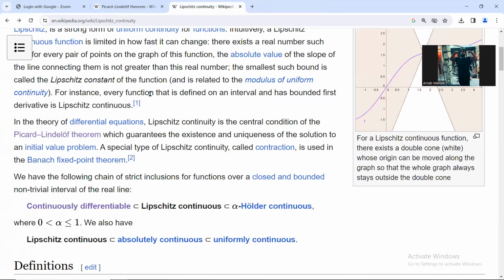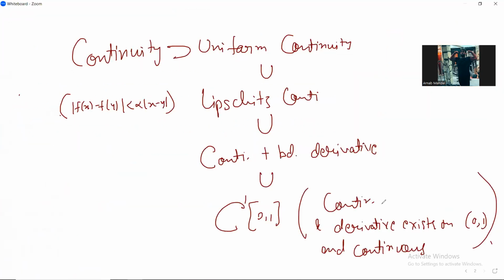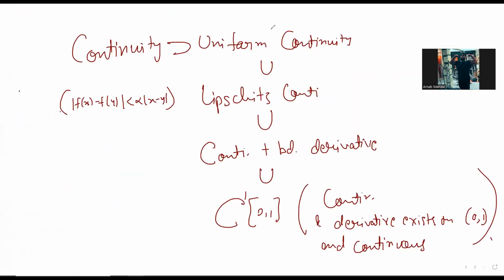Okay. Yeah, let's try to resolve it. So I've told you to read the Picard-Lindelöf theorem, but now let us try to formulate a proper definition of C1[0, 1].